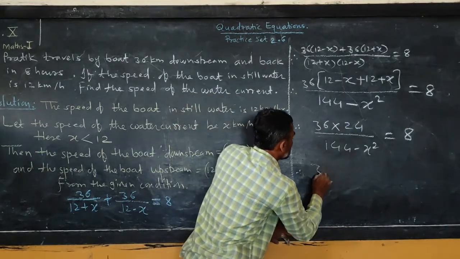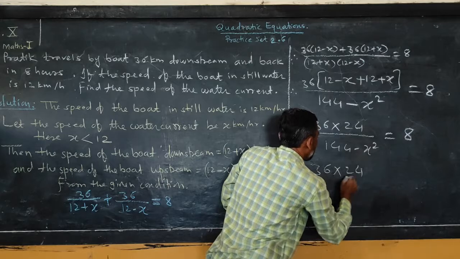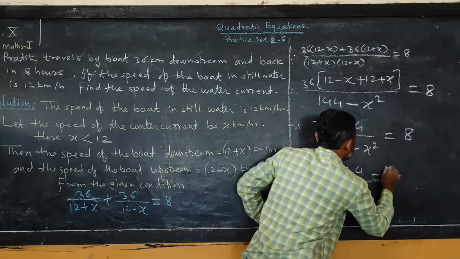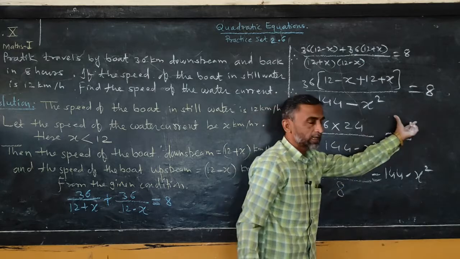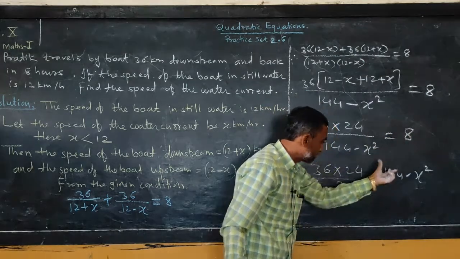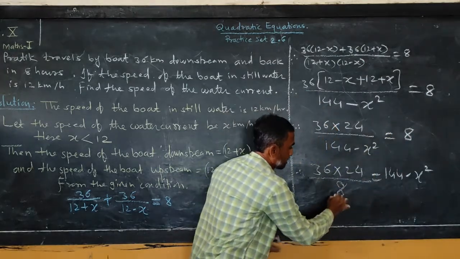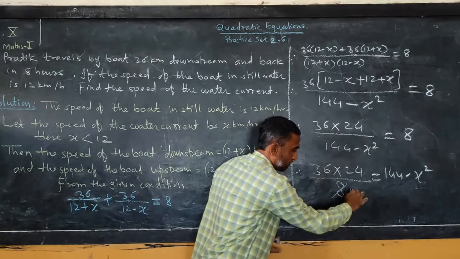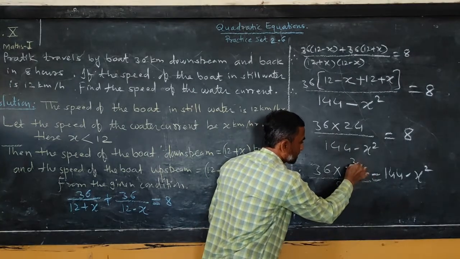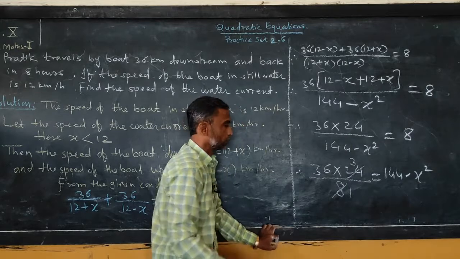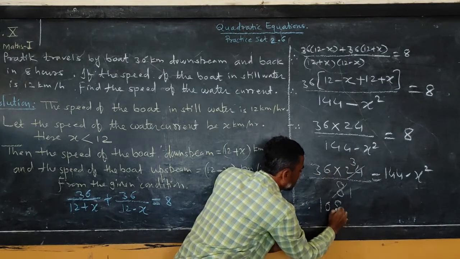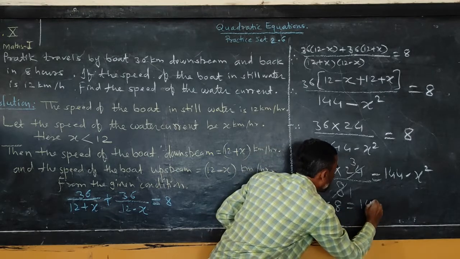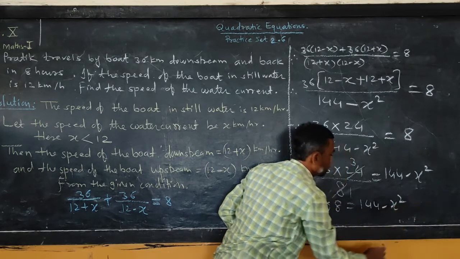Therefore 36 into 24 upon 8 is equal to 144 minus x square. Take 8 to the left hand side; it will go in the denominator. 8 ones are 8, 8 threes are 24. Therefore 36 threes are 108. So 108 is equal to 144 minus x square.